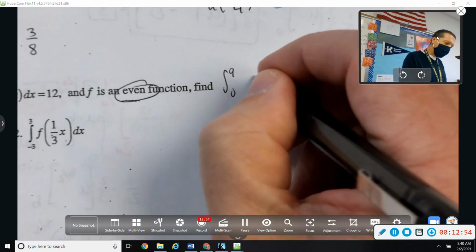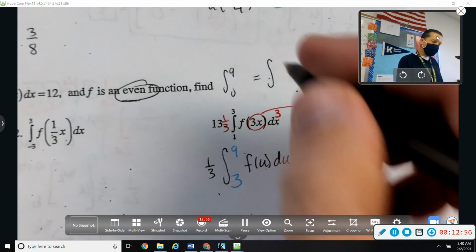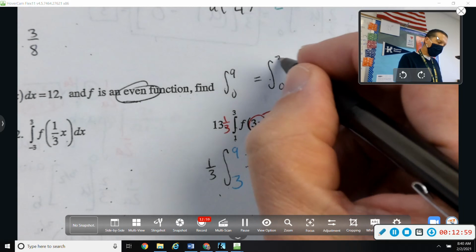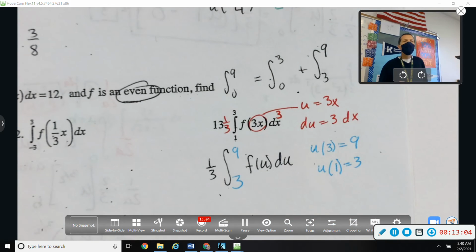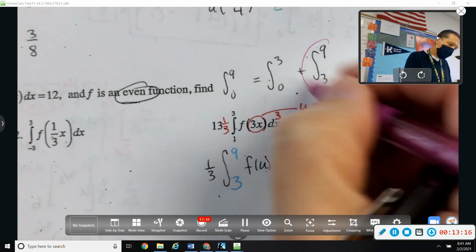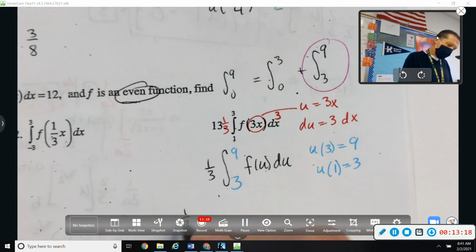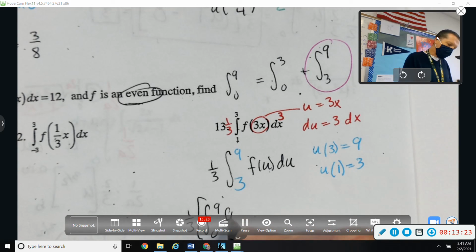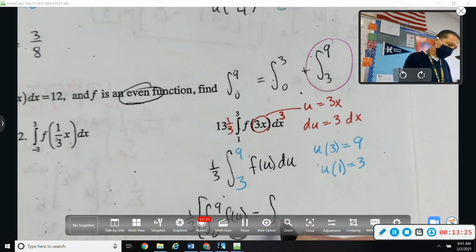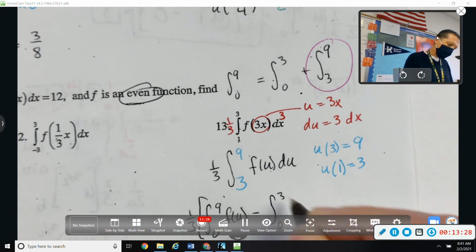But 0 to 9, think about adding the areas, would be 0 to 3 plus 3 to 9. Does that make sense? The area from 0 to 3 plus the area from 3 to 9 would be the area from 0 to 9. So if we want 3 to 9, that's going to be the area from 0 to 9 minus the area from 0 to 3.